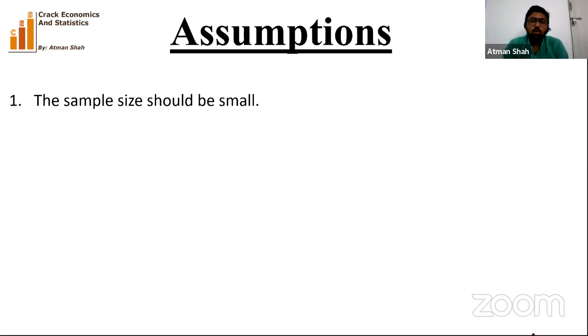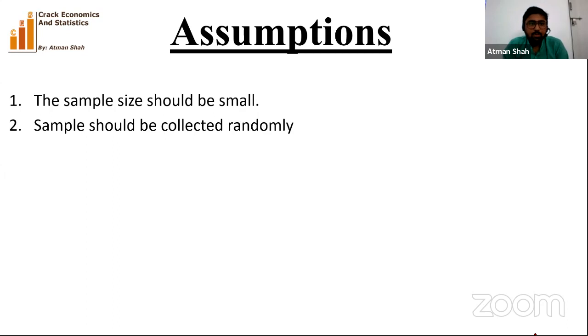But there is no magic number that we can say this sample size is small or this sample size is large. So if all assumptions are met, you can use the t-test to compare the means, even if your sample size is large, more than 30. In general, t-tests are used when the sample size is small.